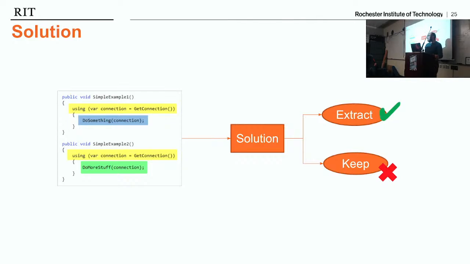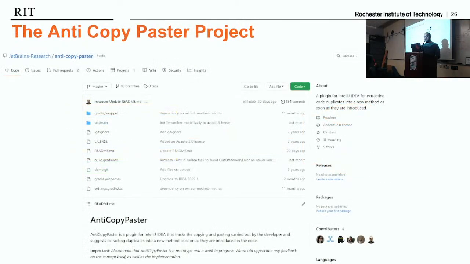Because it is true that not every single copy and paste is worth making a method, right? However, if you are maybe copy pasting a big piece of code, for example, then maybe that's when you should refactor it. So we had to make a decision. How can we make this decision? How do we learn whether this code is worth refactoring? That was the question that we had here.